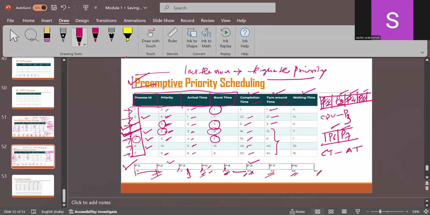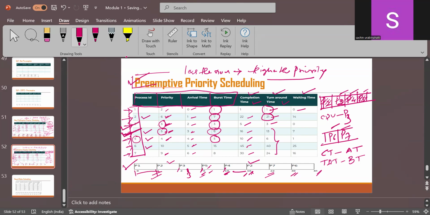What is the waiting time formula? Waiting time is turnaround time minus burst time. So what is the turnaround time of P1? It is 1. What is the burst time? It is 1. 1 minus 1 is 0. What is the turnaround time of P2? 21. Burst time is 7.